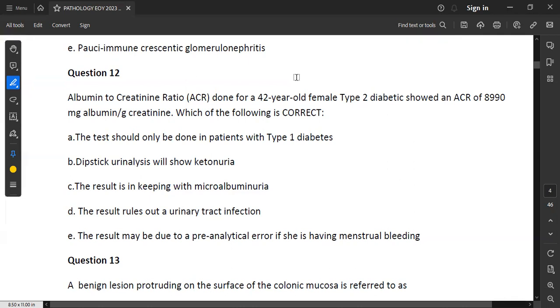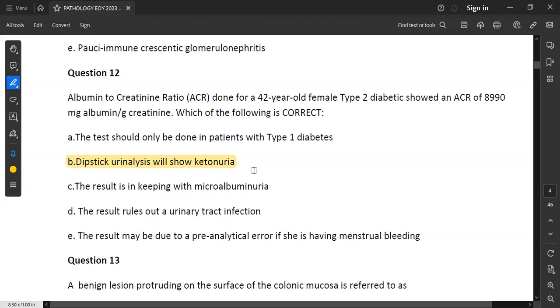The pre-analytical error can be increased, but between 300 and 8,990 is a very big number. So I canceled out this one because 8,990 is too much to be a pre-analytical error from menstrual bleeding.